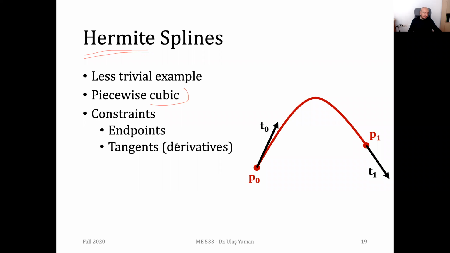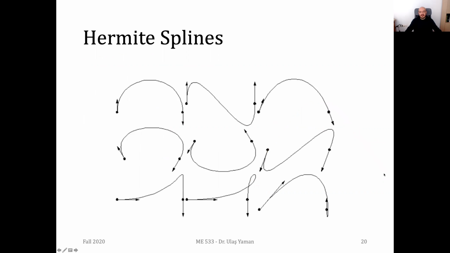What are the constraints? The constraints are the endpoints, the starting and ending points, P0 and P1. And then we have the tangents. As you see, these are the tangents, tangent T0 and tangent T1. If you just keep the start and end points, by simply modifying the tangents, we may have various cubic splines.